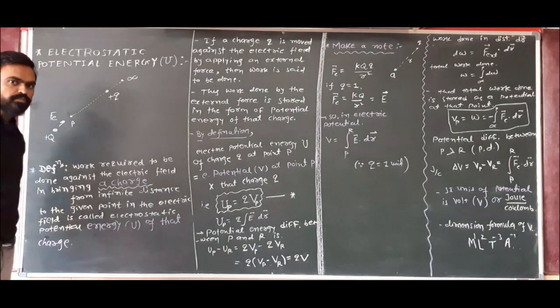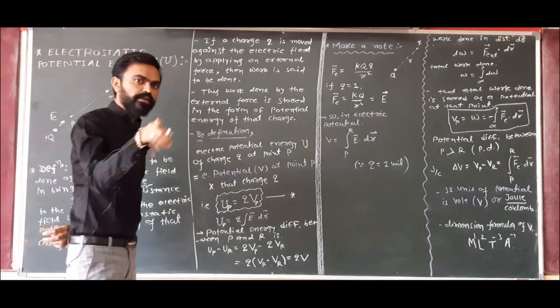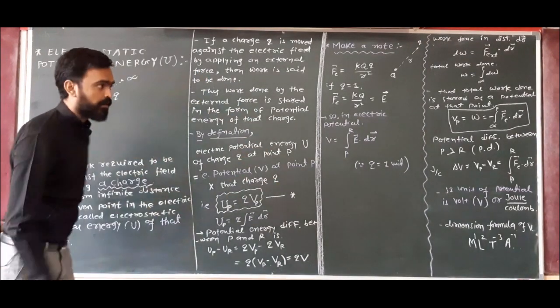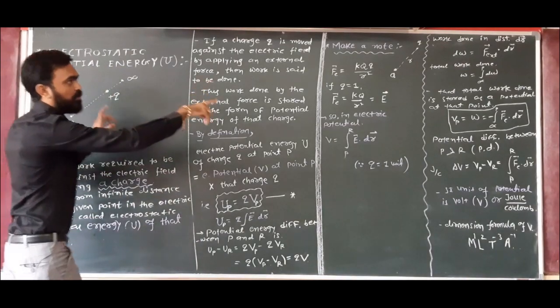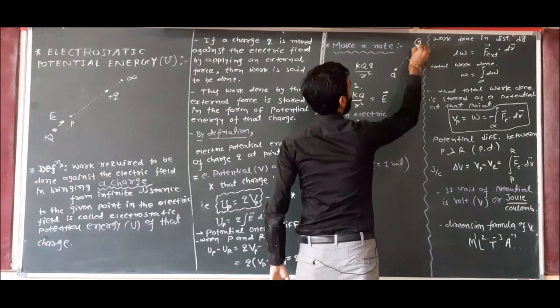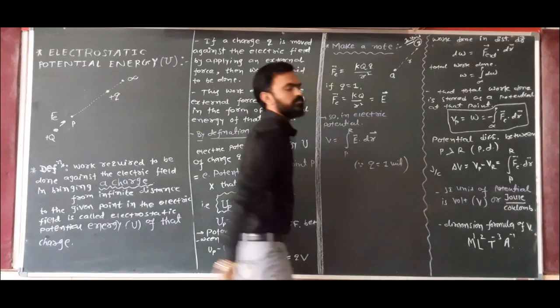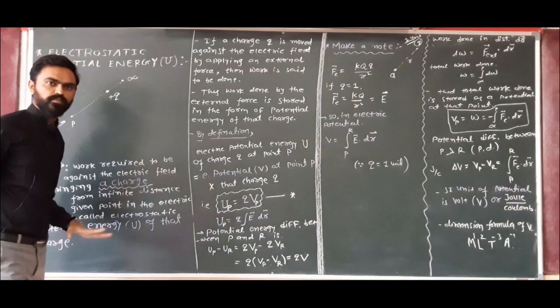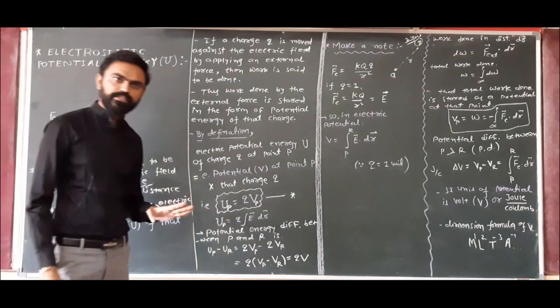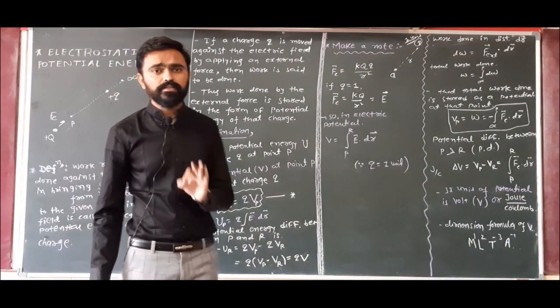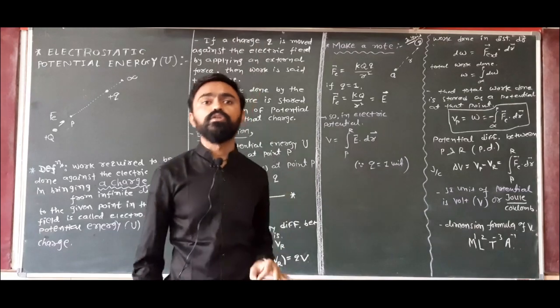So the difference between electrical potential and electrical potential energy is that in the electrical potential we use Q equal to 1 unit, or unit positive charge. But this is not mandatory in a practical way, that you always have a test charge with a value of 1 unit.